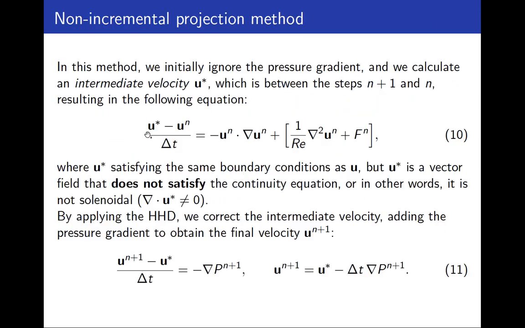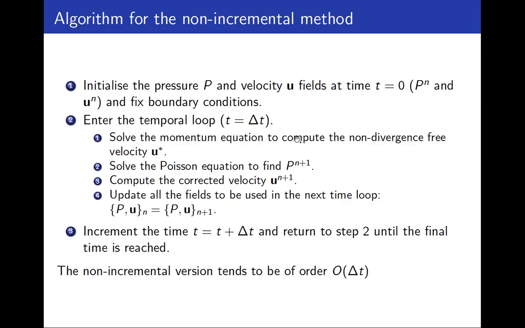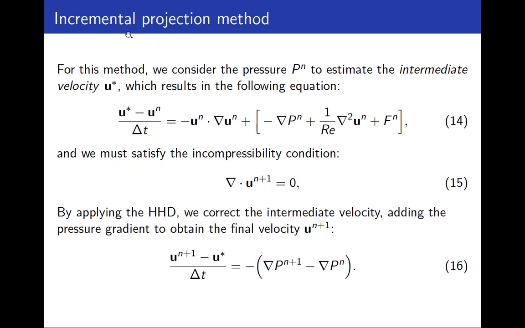Remember, in the non-incremental projection method, which is equation 10, we didn't consider the pressure. But here, for the incremental version, we will consider it. And then we also have to satisfy the incompressibility condition for the new velocity value, that is, un plus 1.